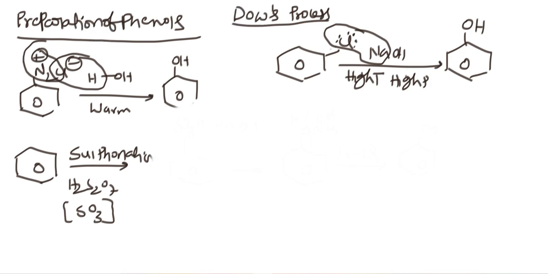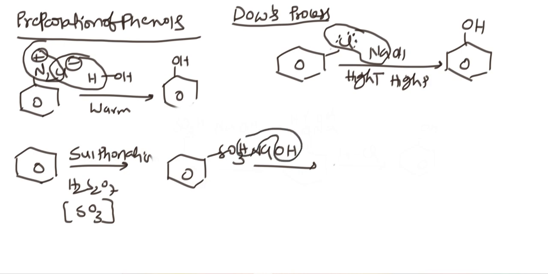Normal benzene on sulfonation. You are going to get SO3H. After that this is treated with sodium hydroxide. Then this is an acid base reaction. SO3Na, this is 100% correct.